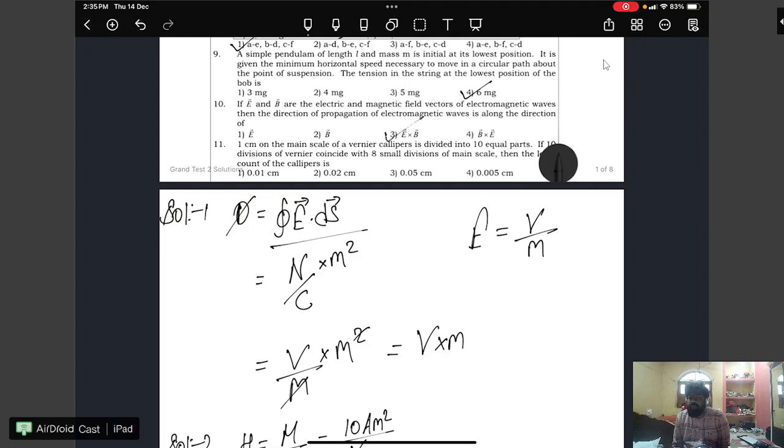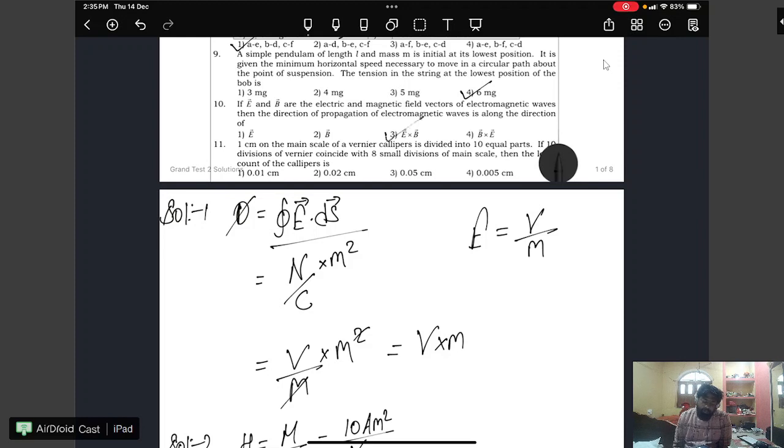The difference of the scale will be 2 divided by 10, 0.2. Least count will be 0.02 centimeter.